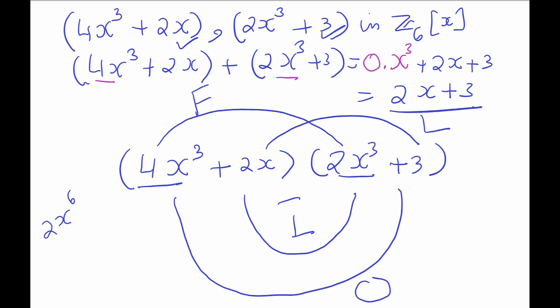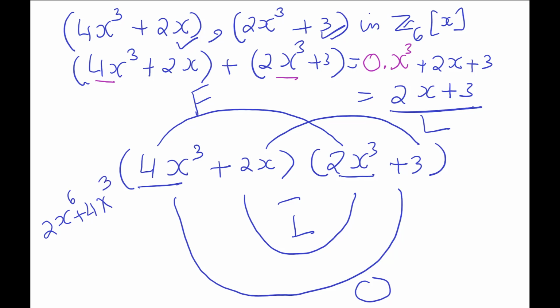For the outer, we have 4 times 3 is 12, and 12x cubed is 0, so I'm not writing it. Then for the inner we have 2 times 2 is 4, so we get plus 4x cubed.